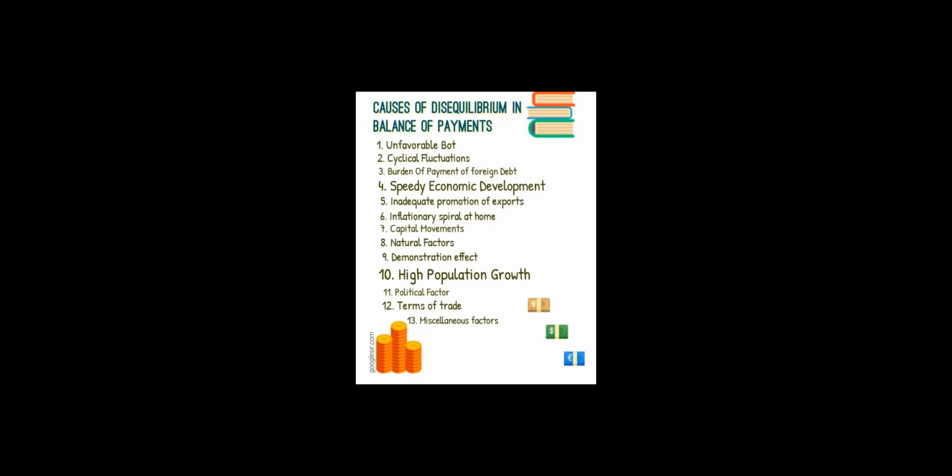In short, the balance of payment may be thought of as a balance scale, with every addition on one side necessitating an addition on the other to keep it in equilibrium.